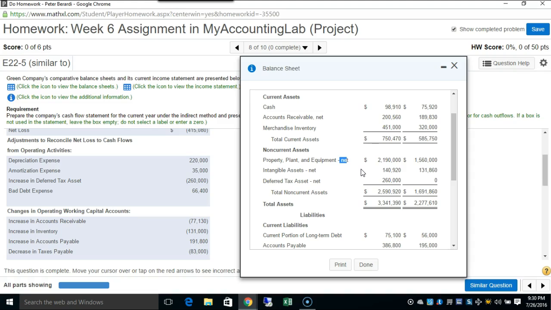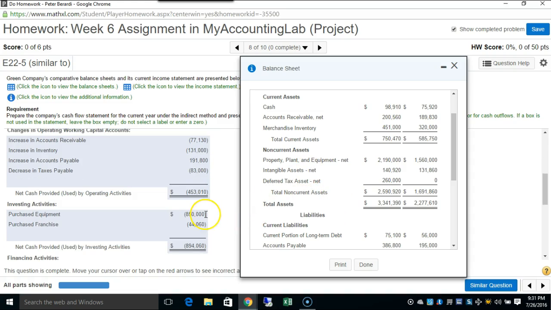So we have to gross this $2,190,000 by the depreciation expense. So $2,190,000 plus the $220,000 in depreciation expense minus the $1,560,000 gives you $850,000 increase in property, plant, and equipment. Therefore, if we increase property, plant, and equipment by $850,000 on our balance sheet, we have to reduce cash flow.